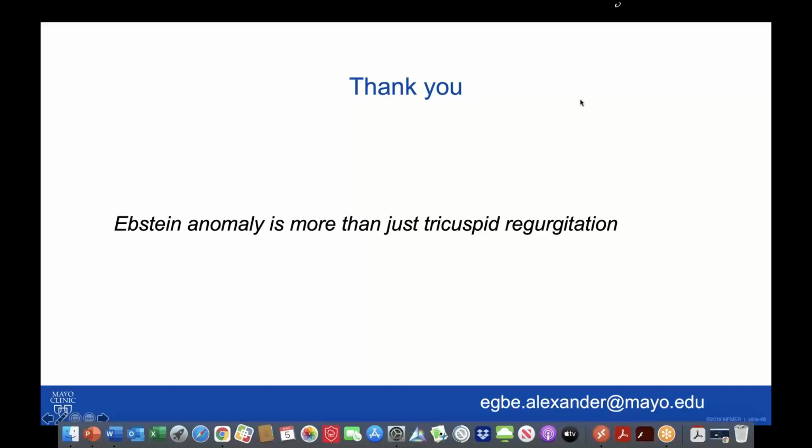Routine is probably a strong word. We want it done in all the patients, but it's not really being done in all of them. It depends on who the person is in the lab, but the majority of people are now asking for this data, not just for Ebstein, using the four-chamber strain as part of the routine echocardiogram for every patient.